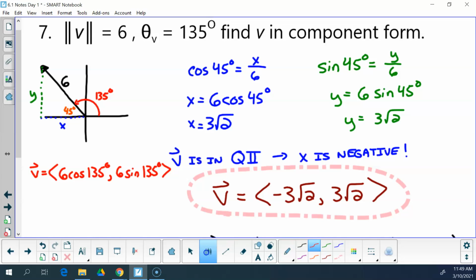And then the cosine of 135 degrees would have gotten us negative root 2 over 2. Sine would have been positive root 2 over 2, and so we would have gone directly to that answer. Okay?